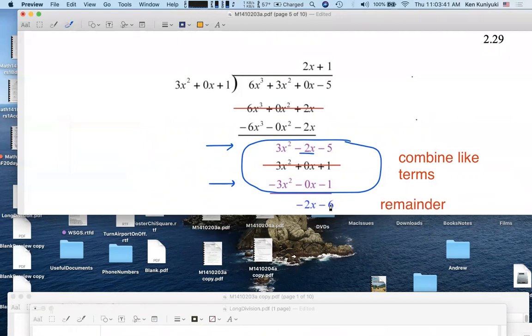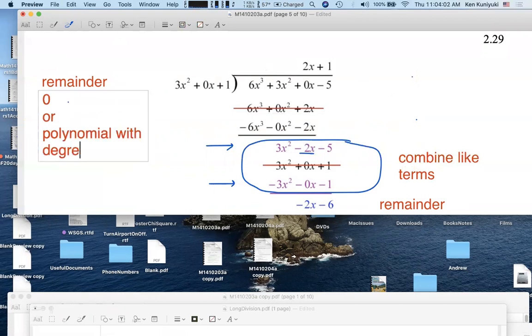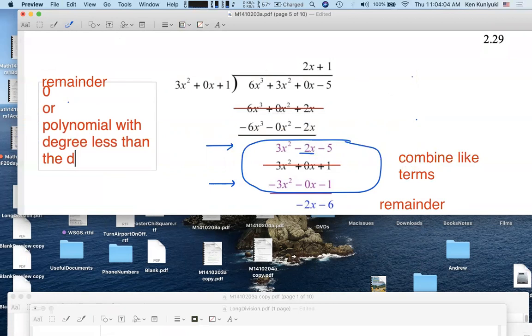How do I know I can call this the remainder? Well, what is a remainder? What is acceptable as a remainder? When can we stop this process over here? Well, if we either get a 0 or if we get a polynomial with degree less than the degree of the divisor.